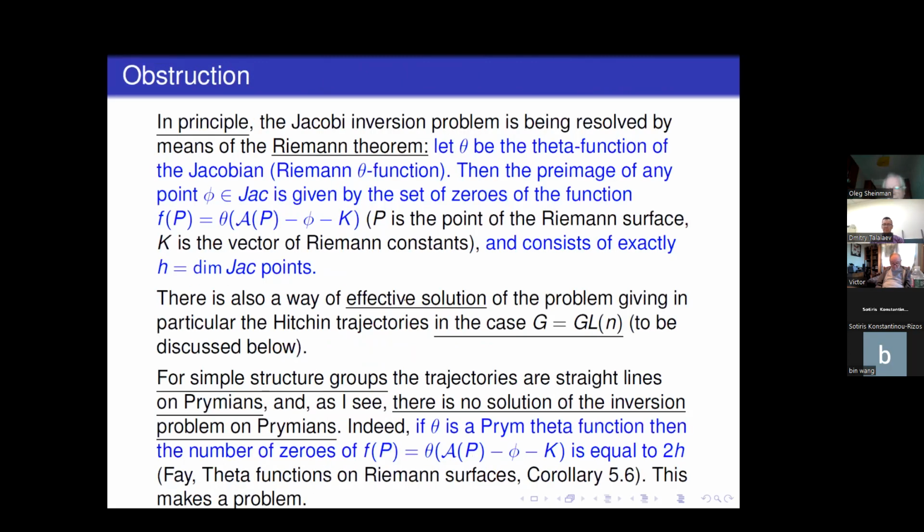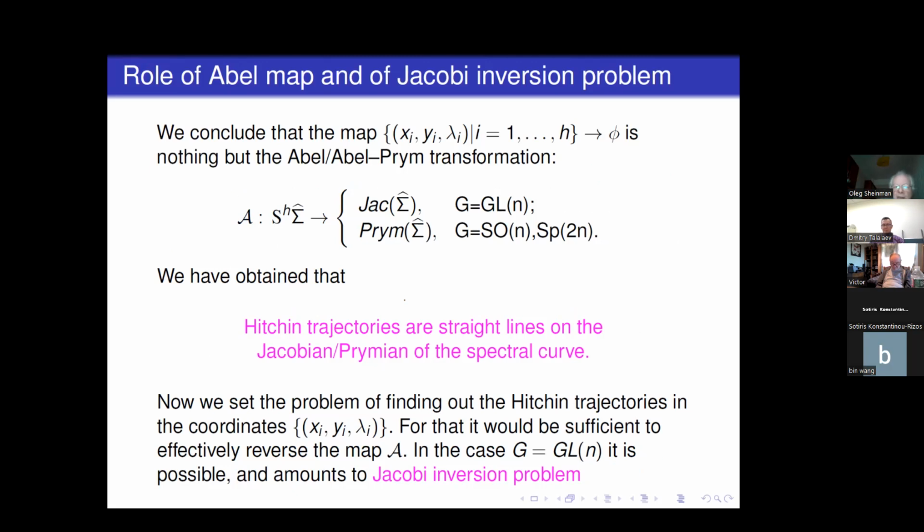In principle, if we had such inversion in all cases, the problem would be resolved completely. We just take a straight line on one of these abelian varieties and send it back to coordinates x, y, lambda by the inverse transformation. Unfortunately, it's not always possible.